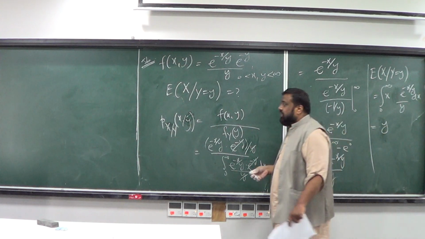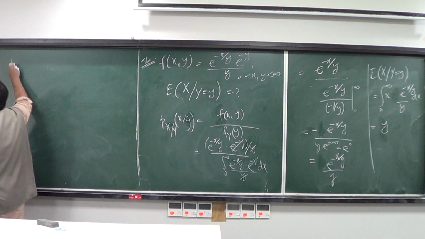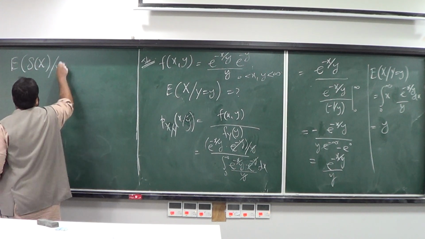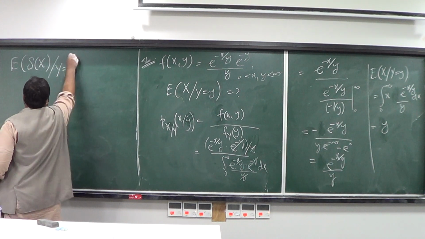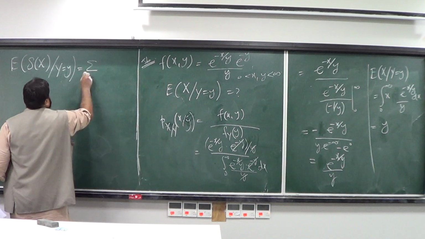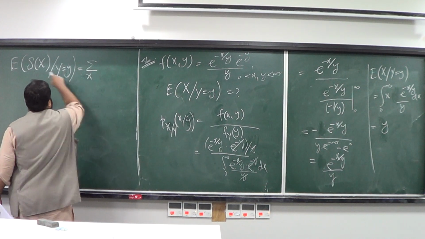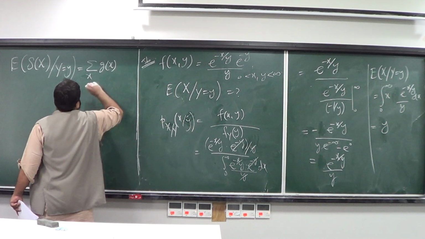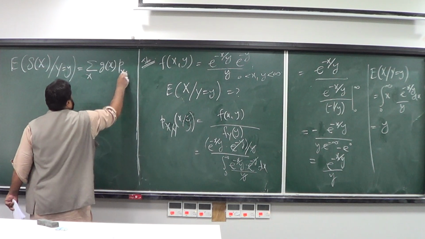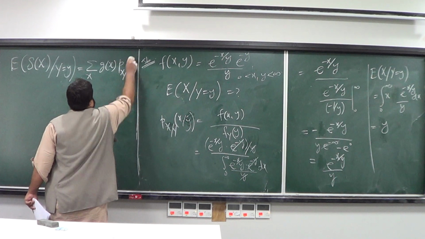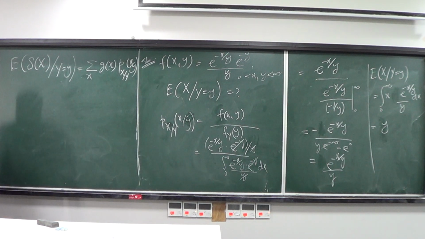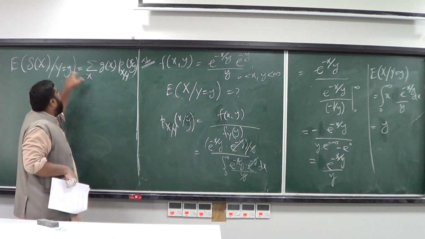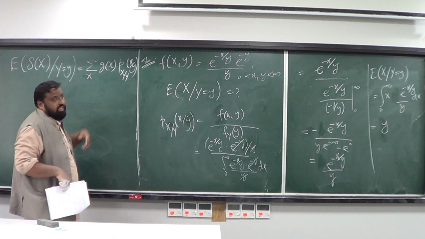If you want to compute the conditional expectation of g of x given y equal to y, then this is equal to the sum over the values that the random variable x takes of g of x multiplied by the conditional PDF. In other words, compute g at each value that x takes and then multiply it with the conditional PDF.